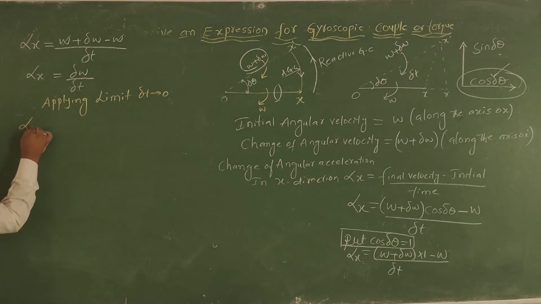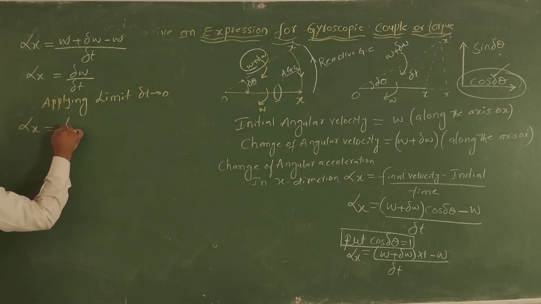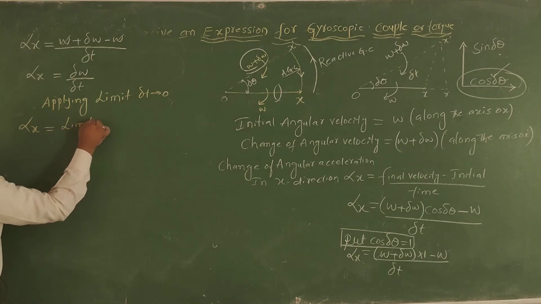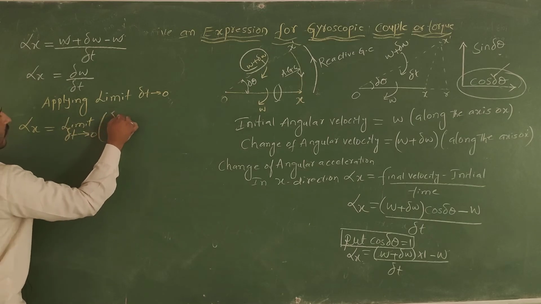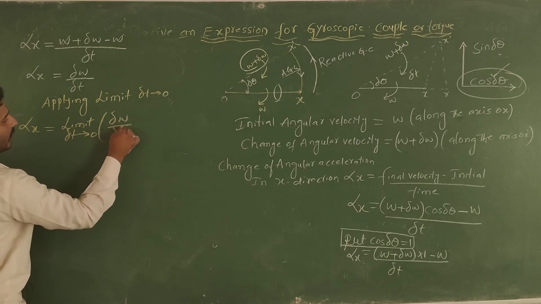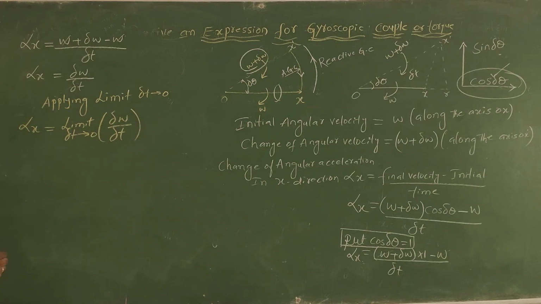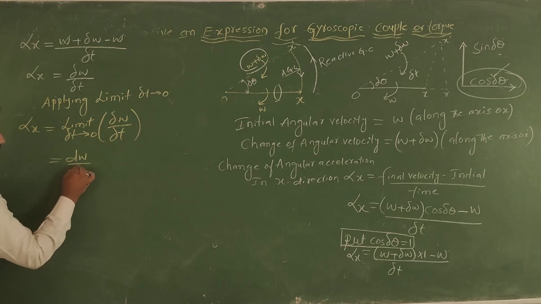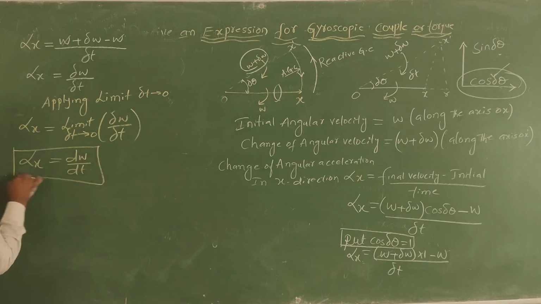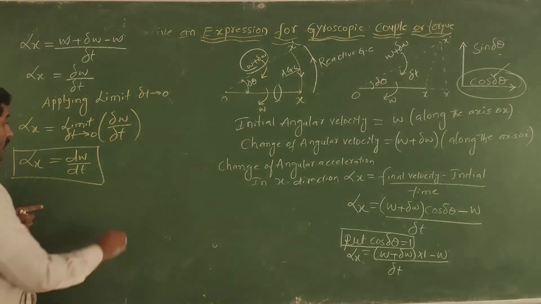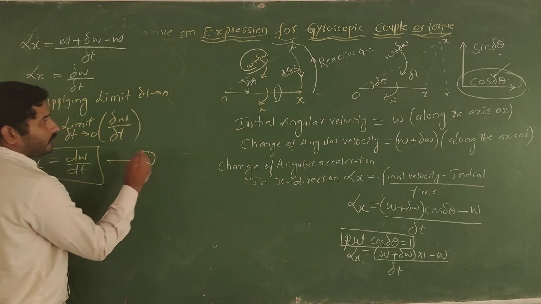Then alpha x is equal to the limit as delta t tends to 0 of delta omega by delta t, which we represent as d omega by dt. That is the value of angular acceleration in the x direction. So it is considered as equation number 1.